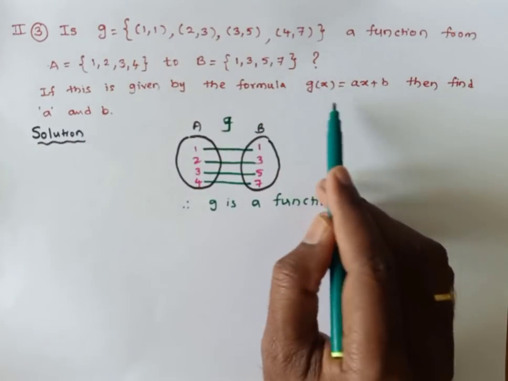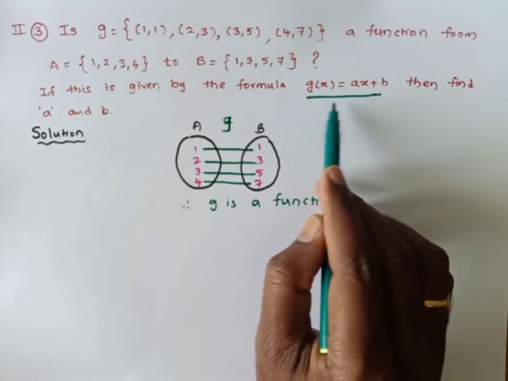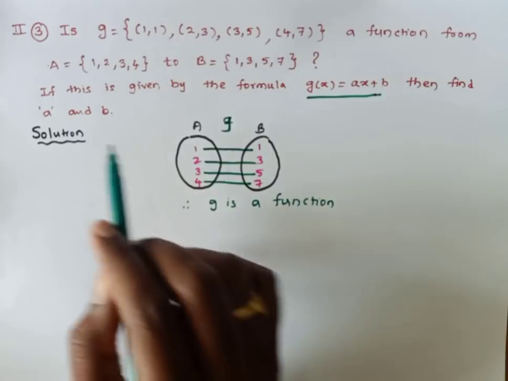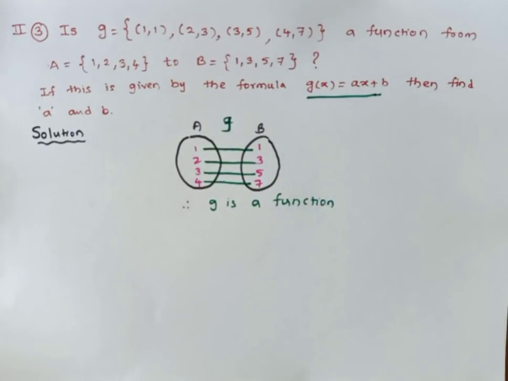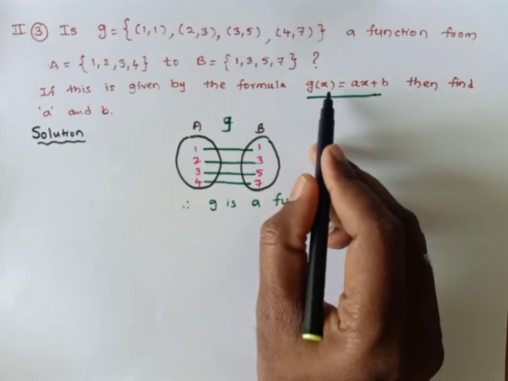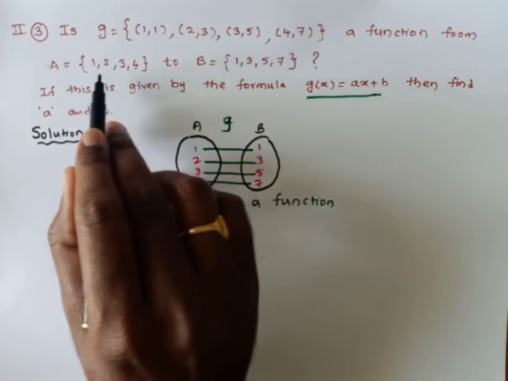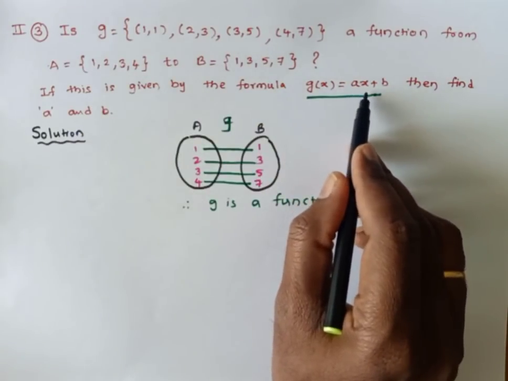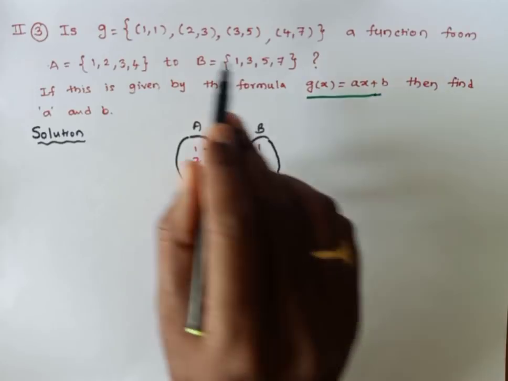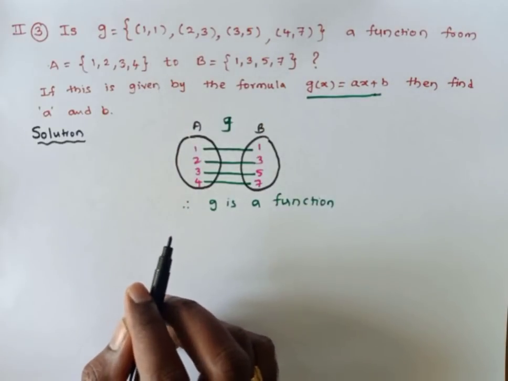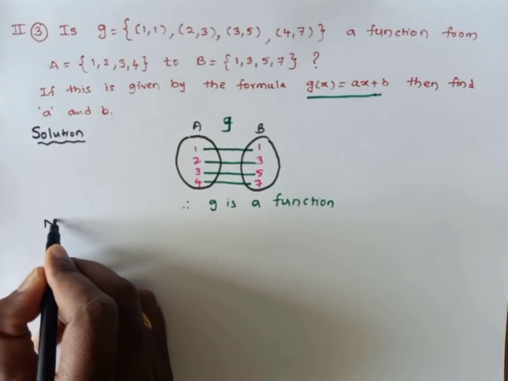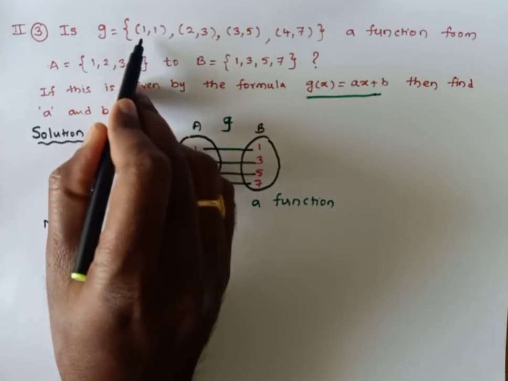So this relation is given with this formula, g of x equals ax plus b. Then find the values of a and b. If we give an input 1, then we get a into 1 plus b, which equals 1.